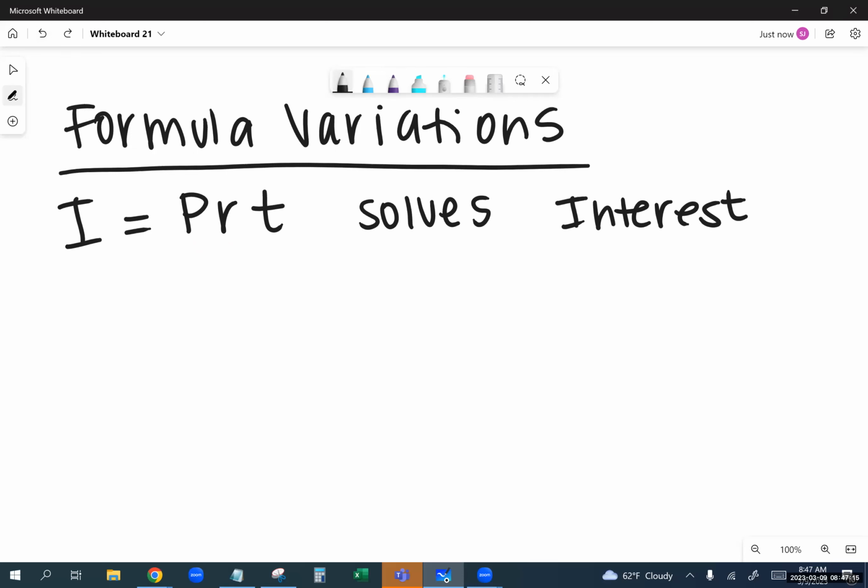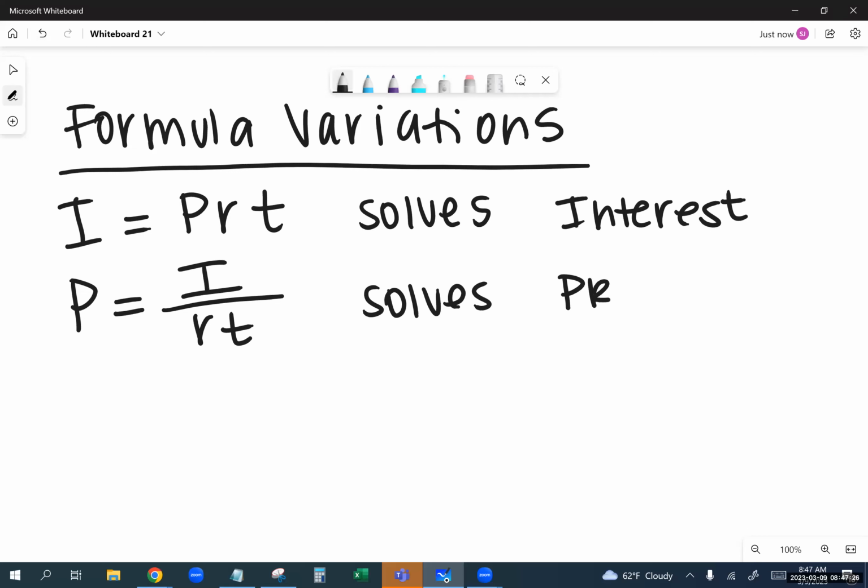If we wanted to solve for principal, that ends up happening because I have my interest being divided by my rate and my time. This solves principal. Principal is also money, so you would probably just round to the hundredth place.